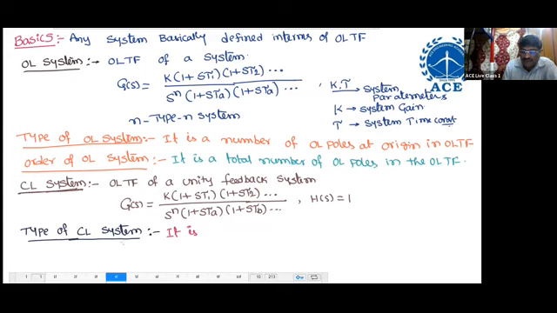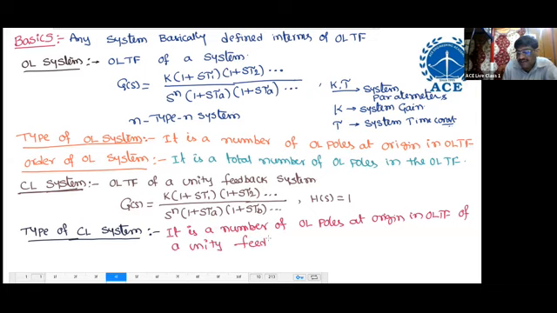Type of closed loop system is the number of open loop poles at origin in the open loop transfer function of a unity feedback system.